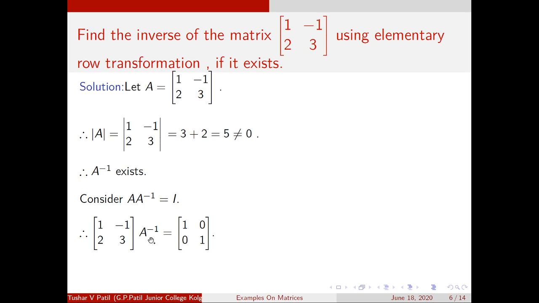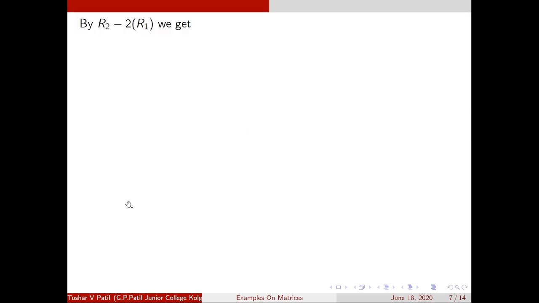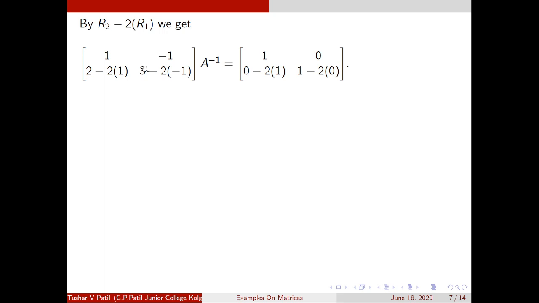Now our task is to make the left hand side matrix into identity. Therefore, by R2 minus 2R1 we get this, as it is. Next operation, 1 by 5 R2, we get.